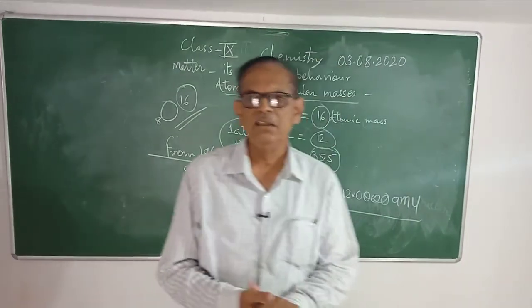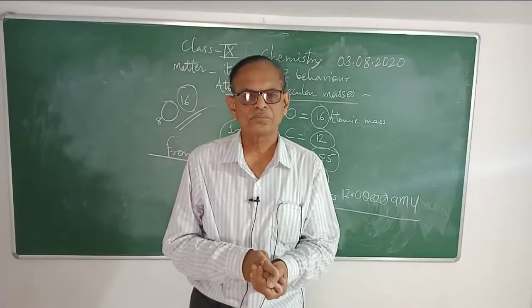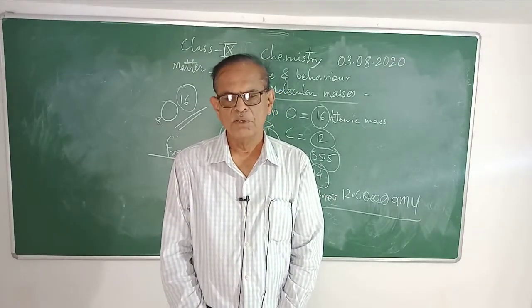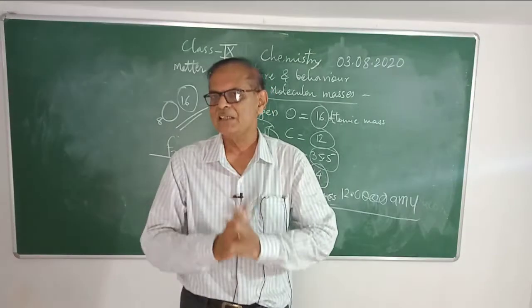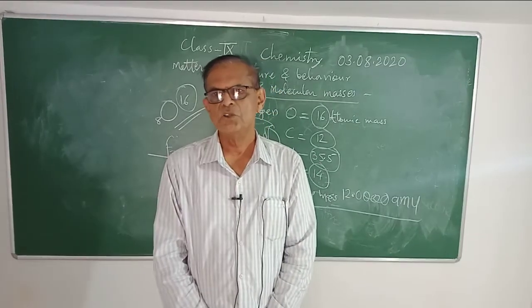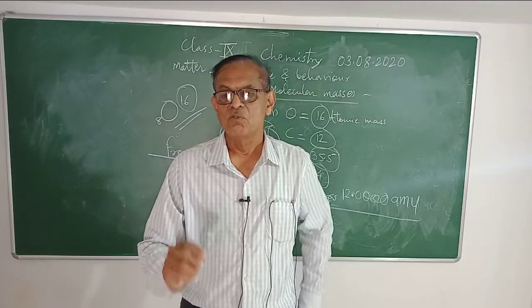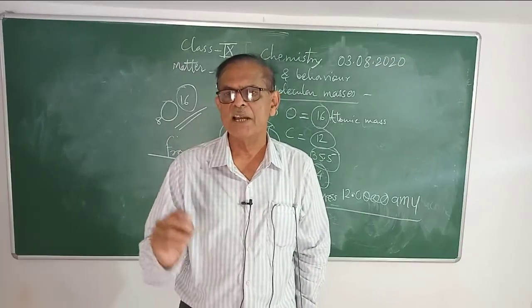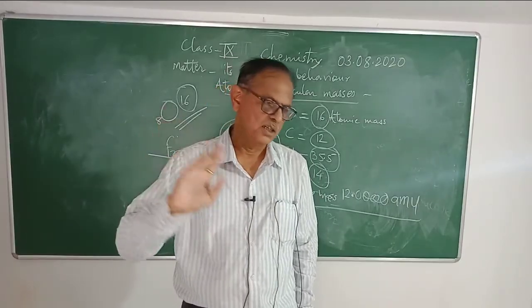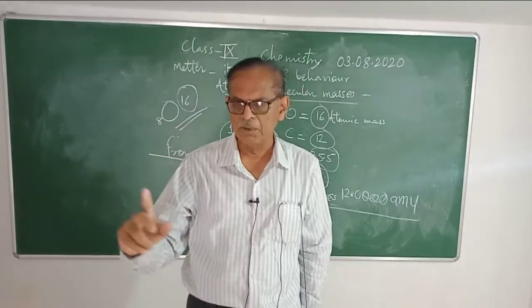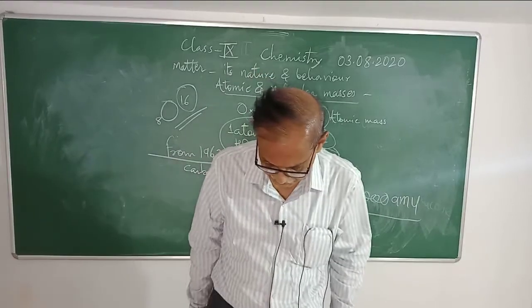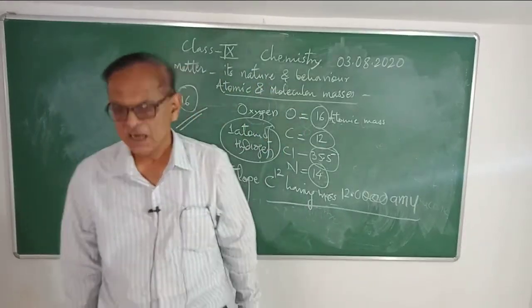Now again, with reference to hydrogen, see the atomic mass first. Atomic mass is the ratio of the mass of one atom of the given element to the mass of one atom of hydrogen: mass of one atom of the given element divided by mass of one atom of hydrogen. This is the atomic mass.